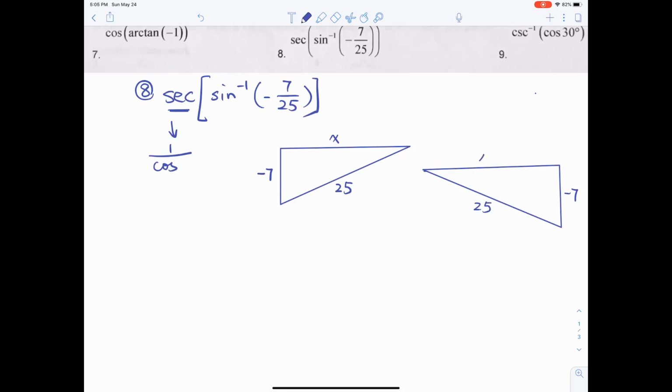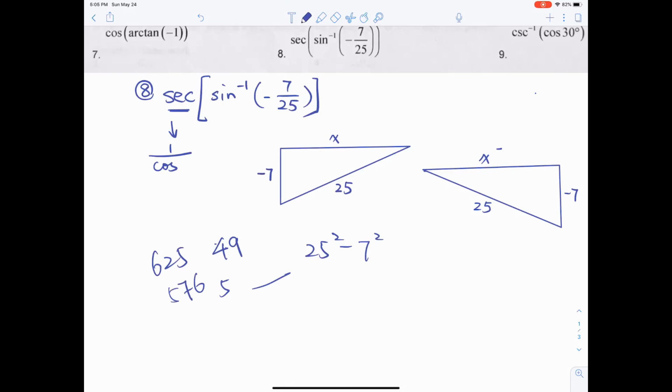And the x value can be a negative number. 25 squared minus 7 squared equal to 576.